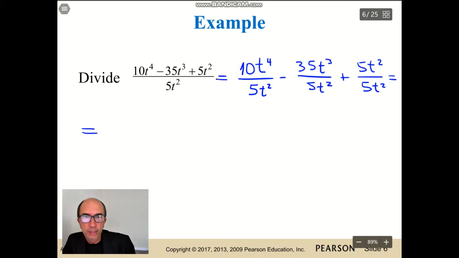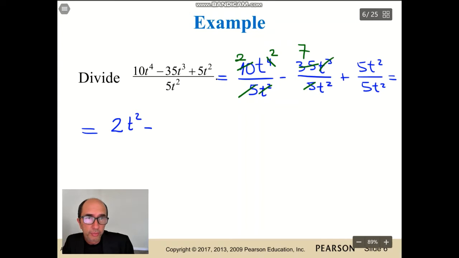Simplifying, we're going to find 10 divided by 5, 2, and you can simplify t to the fourth with t squared, it's going to be t squared. Let me write down here so I don't forget. 5t squared minus, next one, 35 divided by 5, 7.